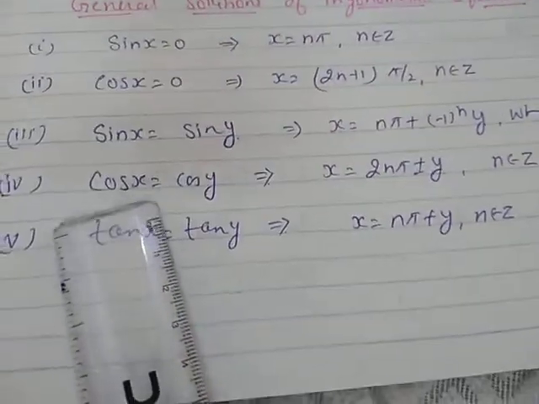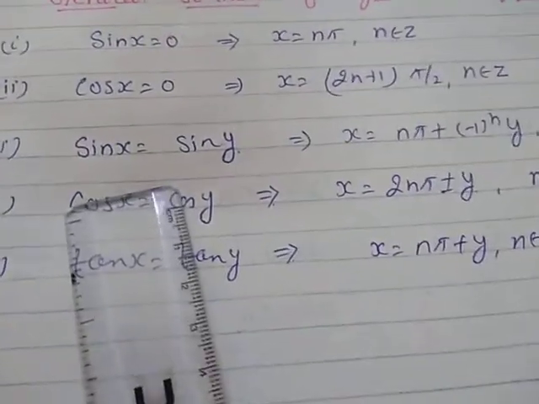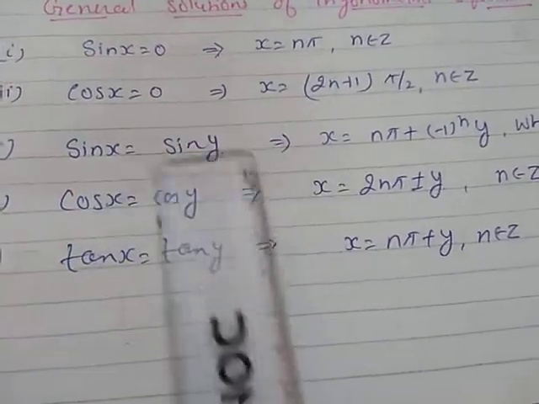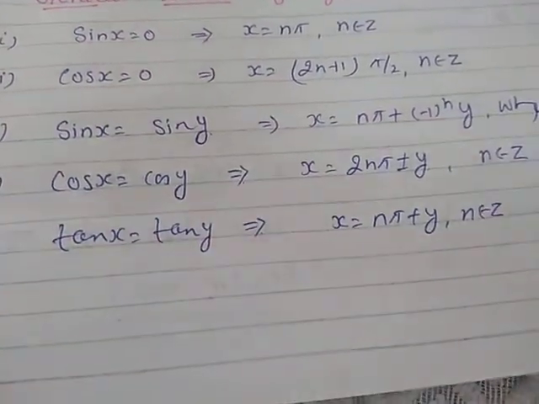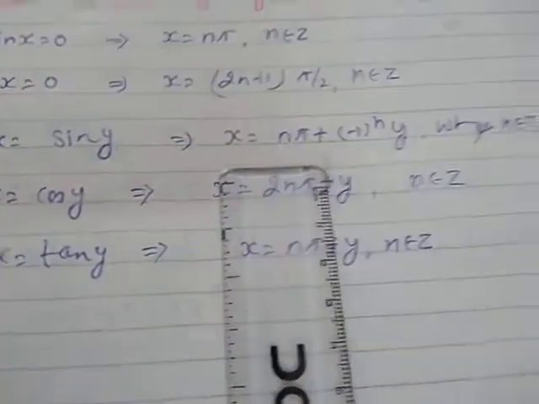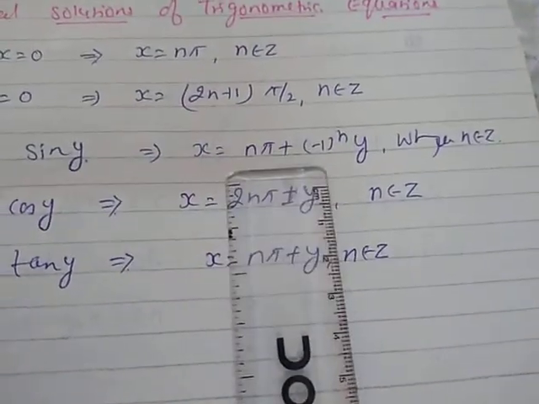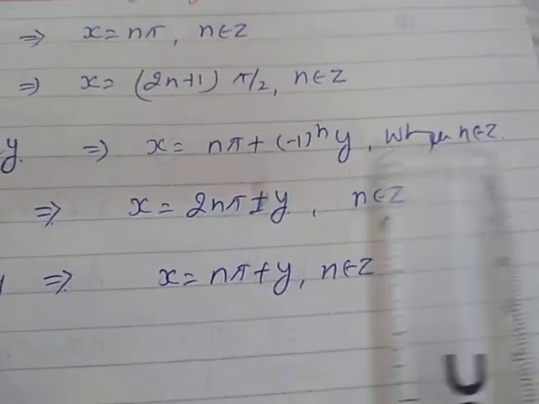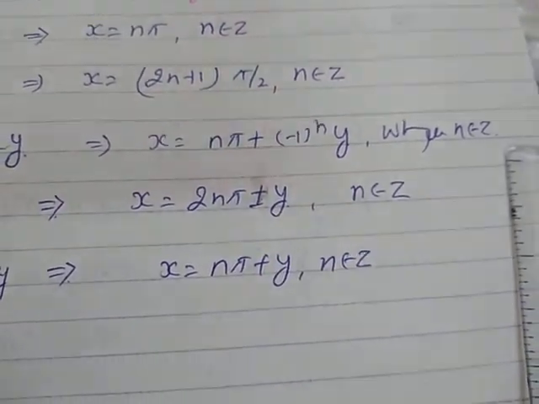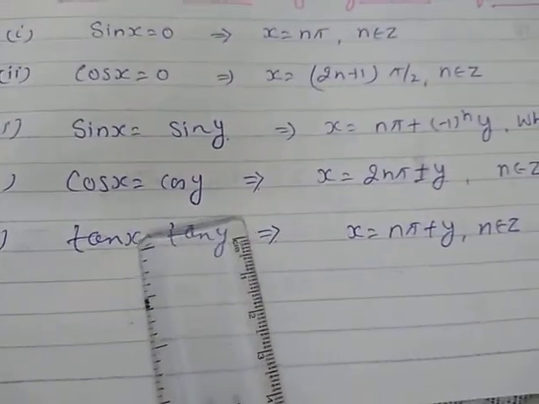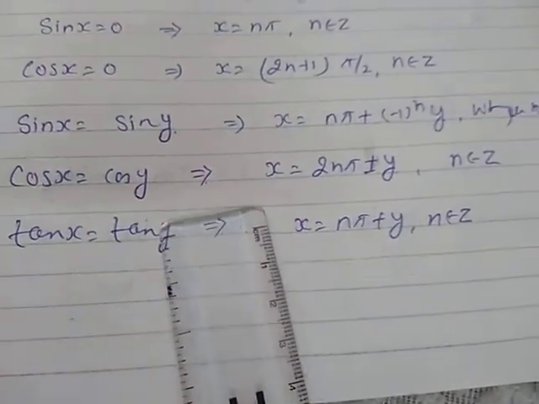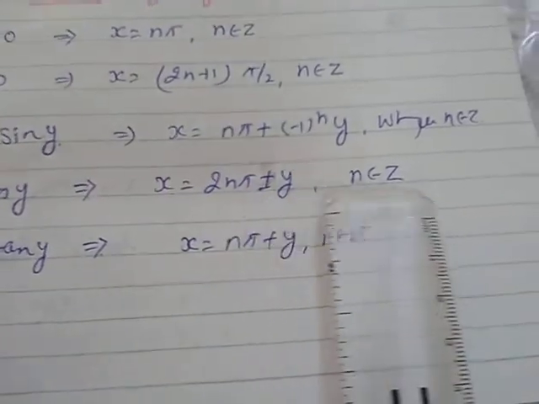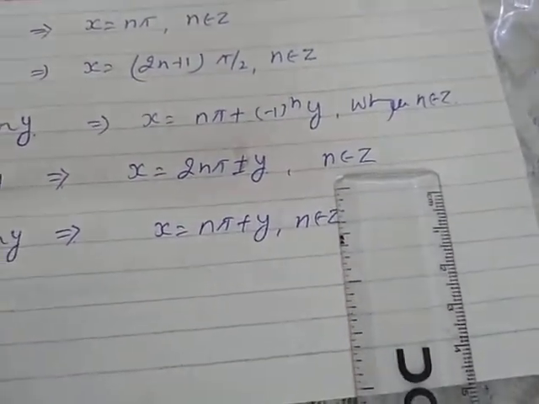Now the second one is, if sin x is equal to sin y, it gives us x is equal to n pi plus (minus 1) to the power n into y, where n belongs to integers. If cos x is equal to cos y, it implies x is equal to 2n pi plus minus y, where n belongs to integers.